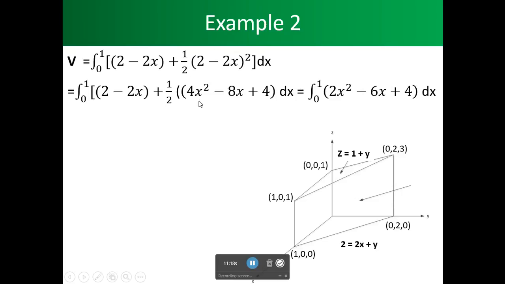Okay, so if we look at our x squared, we take half of 4. We get 2. Okay, we have our 2 here. So if we subtract, we get 1/2.